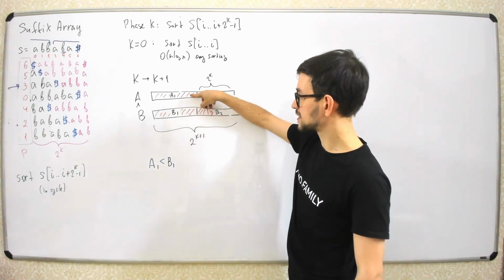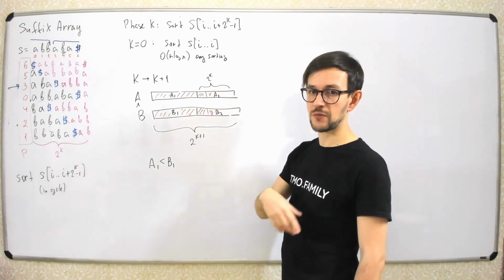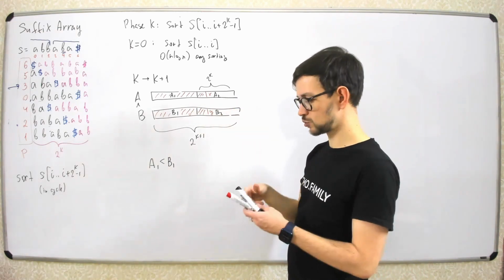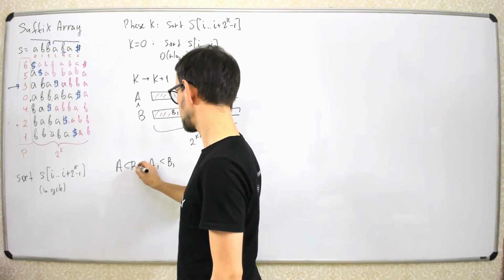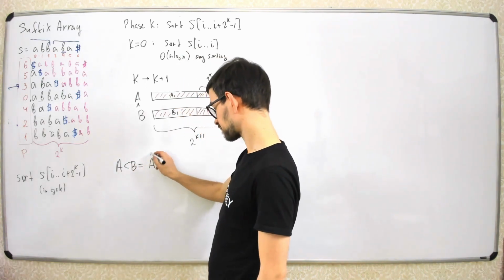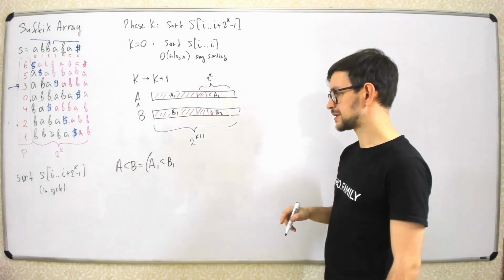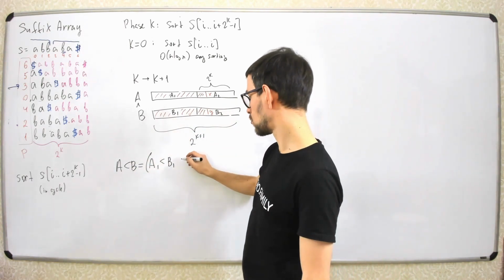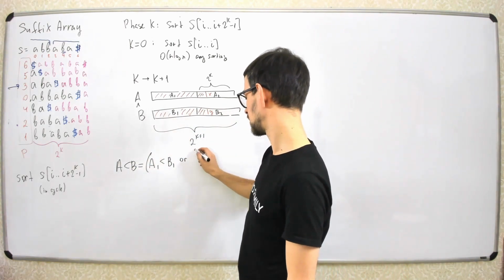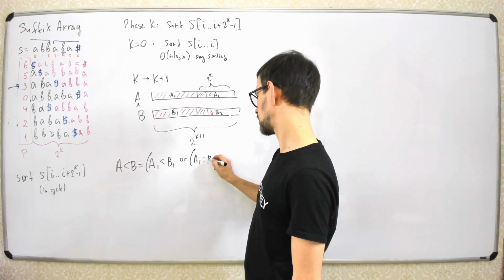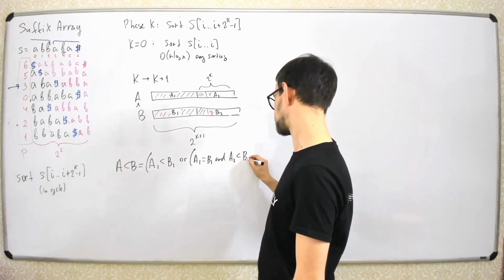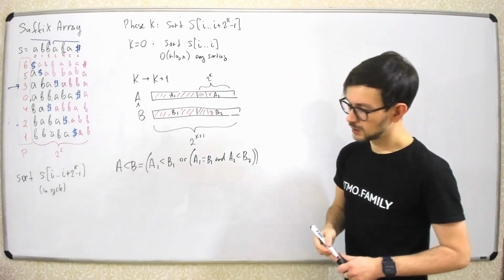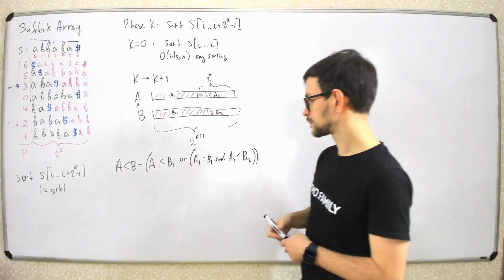So we need to compare strings A1 and B1, and if they're equal, we need to compare A2 and B2. So the comparator looks like this: A less than B is the same as A1 less than B1, or A1 equal to B1 and A2 less than B2. So we have a comparator like this.